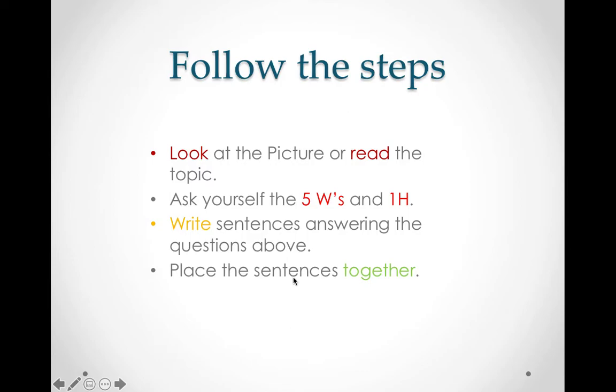Number 2, you are going to ask yourself the 5 W's and 1 H. Now don't worry if you don't understand what this is because I will explain everything in the following slides. Step 3, you are going to write sentences answering the questions above. And step 4, you are going to place the sentences together. So you are going to join them to make the paragraph. So let us get started.